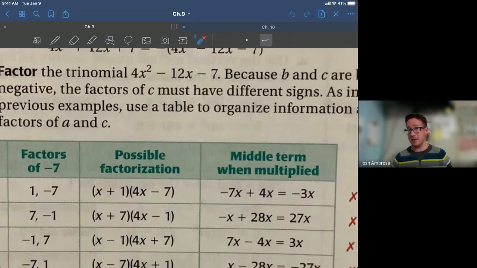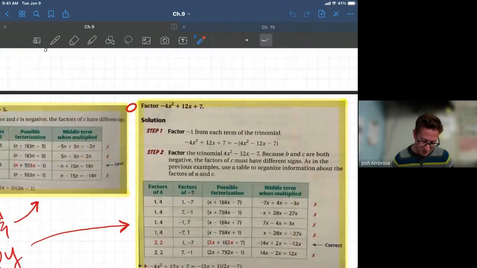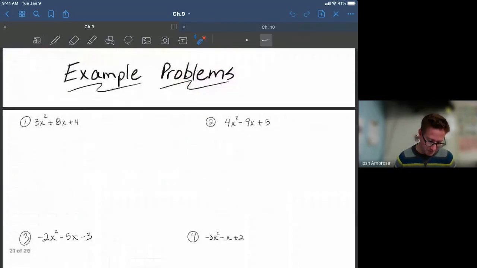Okay, I'll say it again. I want you to write this down in your notes. If the second sign is a negative, in your parentheses you will have opposite signs.